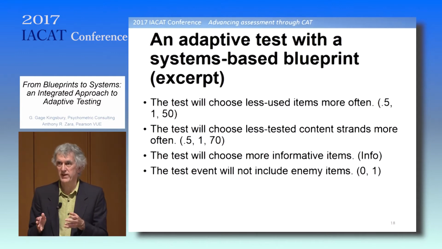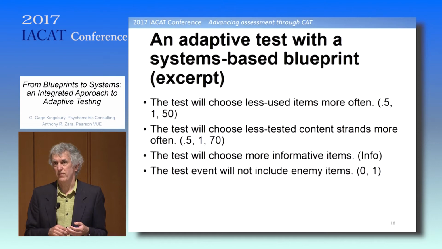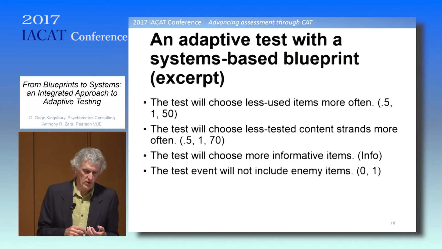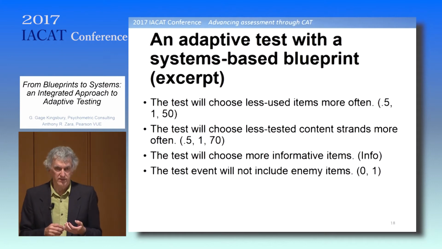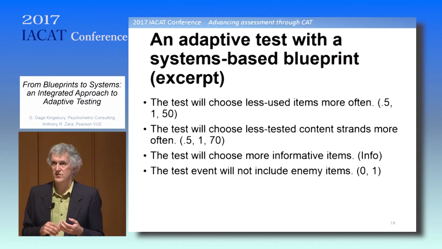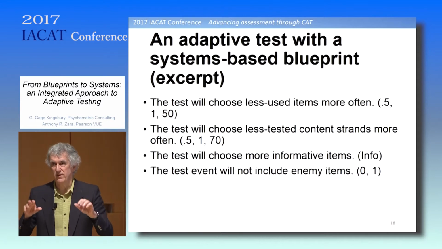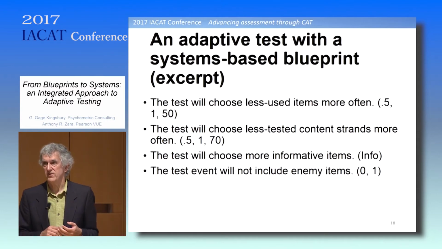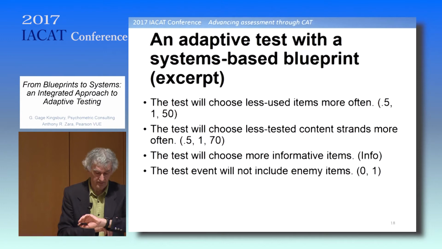So we give higher weight to an item that is little used. We want items to be taken from the less used content strands. So if we have a balanced content blueprint, we want the next item to be chosen commonly from a less used item plan.